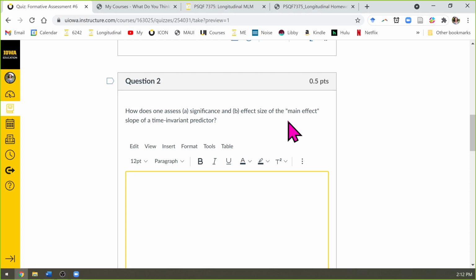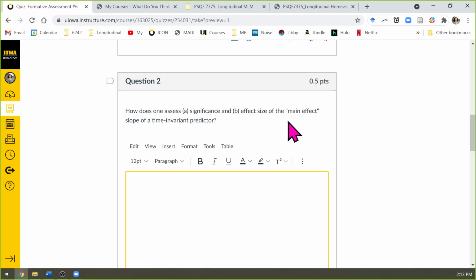So what I was looking for here is to recognize that the role of that fixed effect in the model is to moderate the intercept. If I put in a time invariant predictor, I am taking the predicted outcome and shifting it up or down as a function of that predictor.